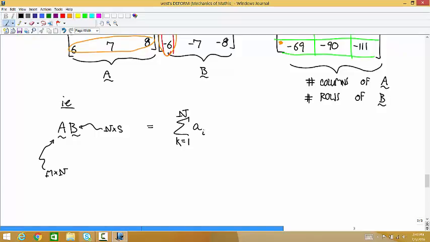So A_ik times B_kj. And you can think of that as the ijth element of the two matrices multiplied together.